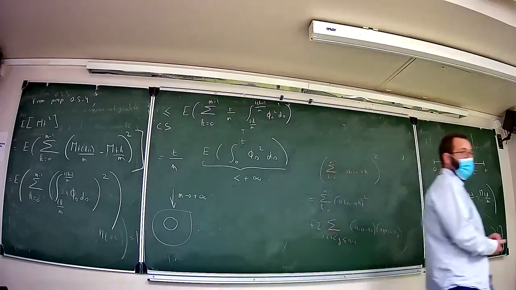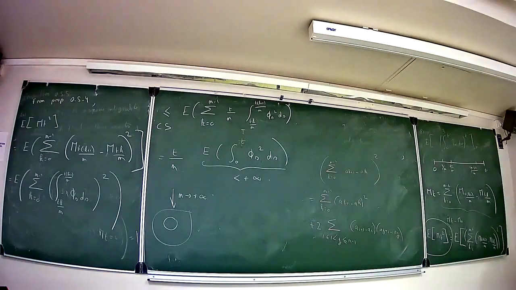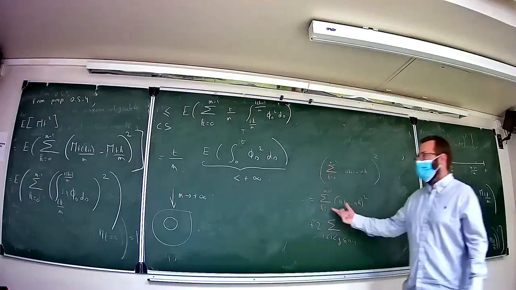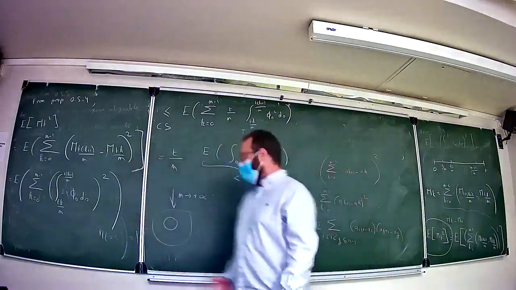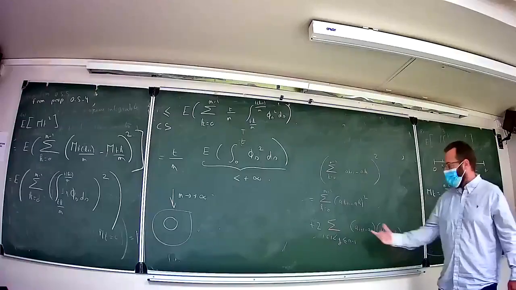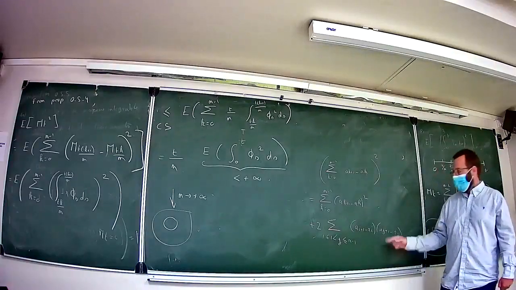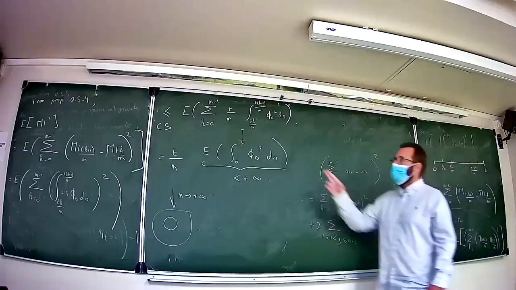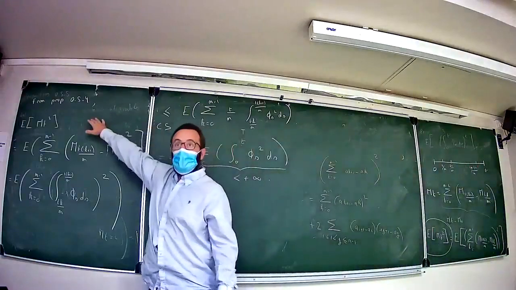It's the way I develop the square of a sum. You have double products inside. So, if I come back to my situation here, if I take the expectation of this term, that is exactly what I write in here. And I said that in the case of a martingale, when you take the expectation of this one, you have the expectation of all of these terms that is 0 from proposition 0.5.4.